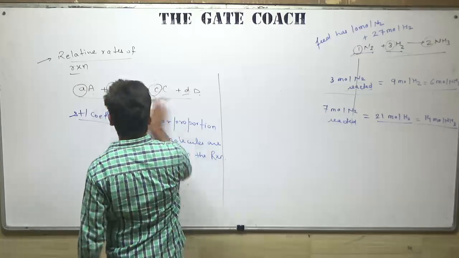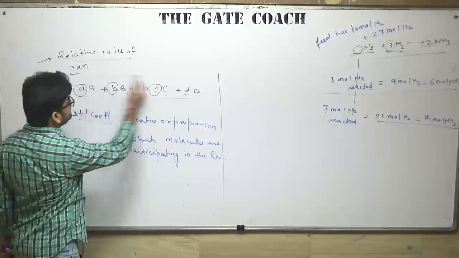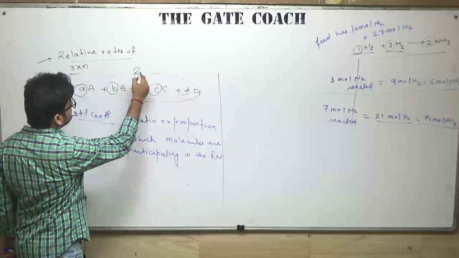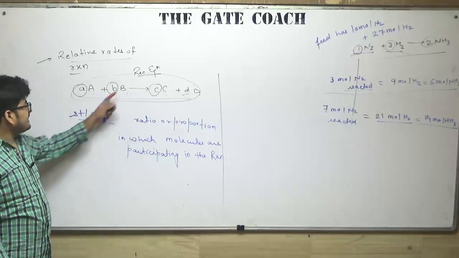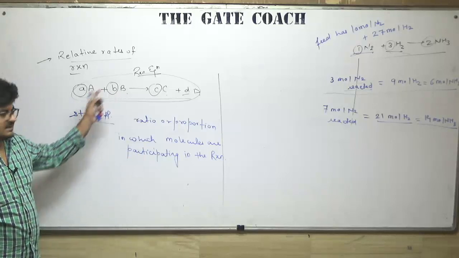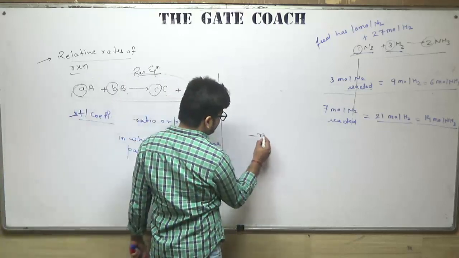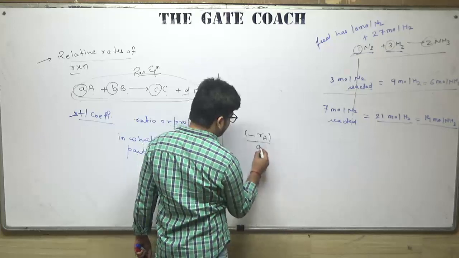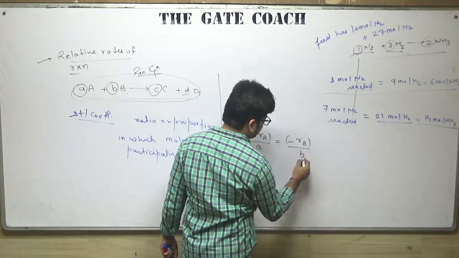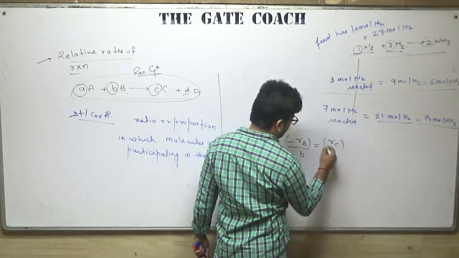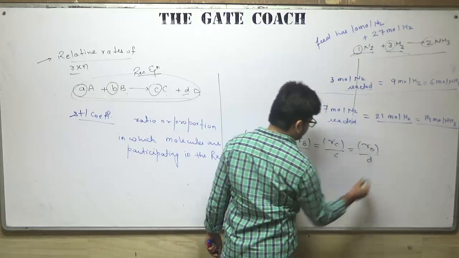So here one thing is clear: this mathematical equation is basically known as the reaction equation, where the left hand side represents the reactants and the right hand side represents the products. So the relative rates of the reaction will be minus Ra over A equal to minus Rb over B, equal to Rc over C, equal to Rd over D.